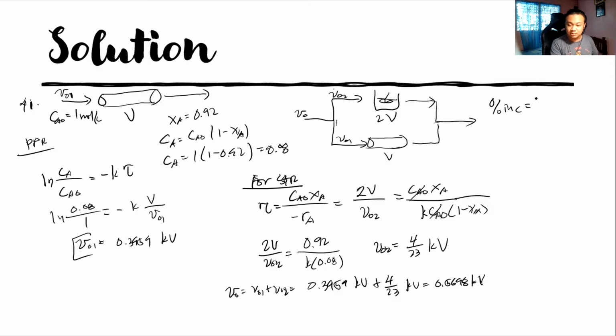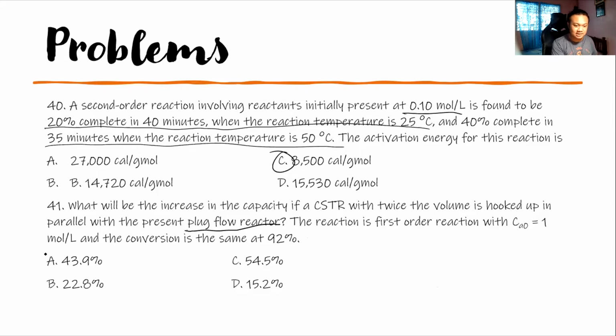Okay, so we have 0.5698 minus 0.3959 over 0.3959, I'm just removing the kVs here so I don't have to write them. And then times 100. So multiply that by 100, you can get 43.92% increase. That's the answer.